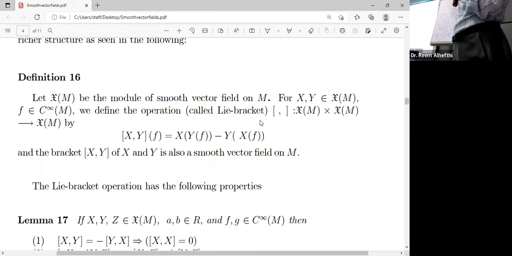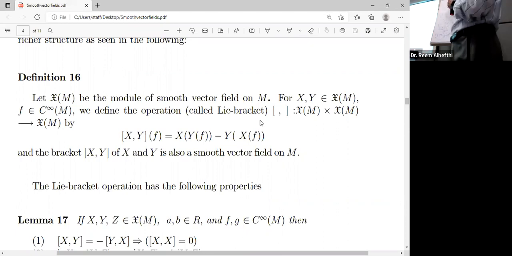One direction is easy. The first condition is linearity, and the second is derivation; it's called a derivation in algebra language. The other direction is also not difficult. What is required is to prove smoothness.